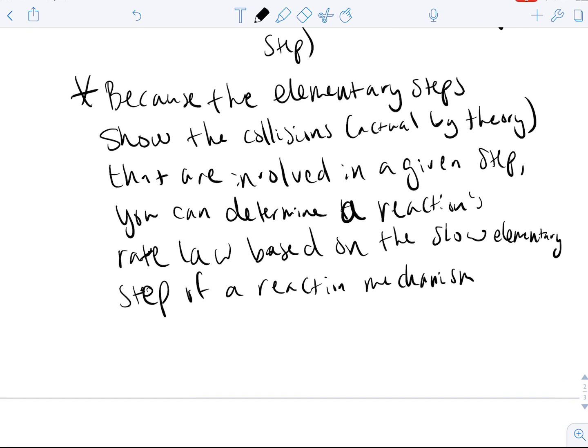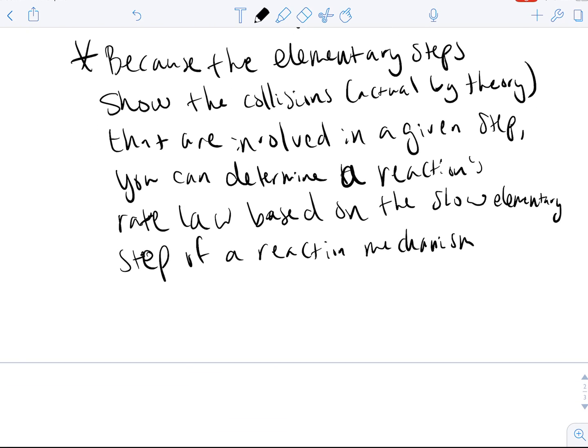With reaction mechanisms, we're going to have 2 or more elementary steps involved. Each one of those is going to have its own separate activation energy, and they're going to have intermediates that we don't see within a regular overall reaction.